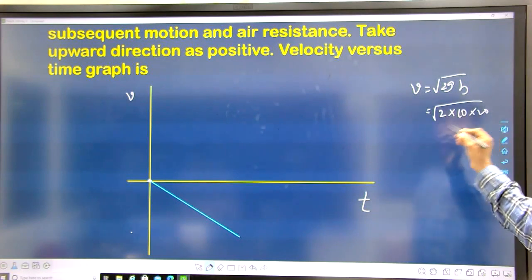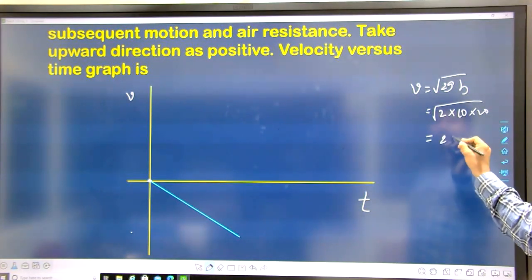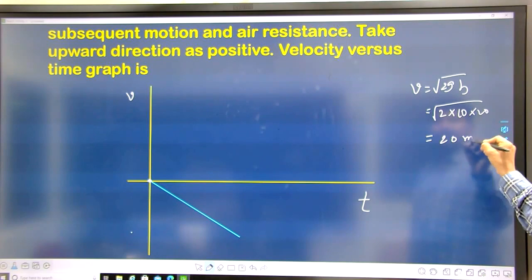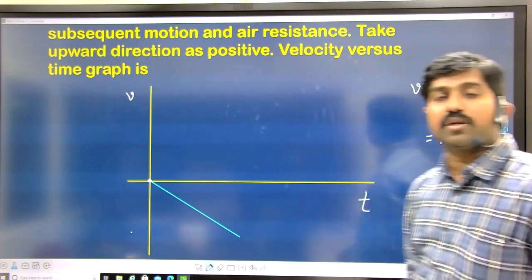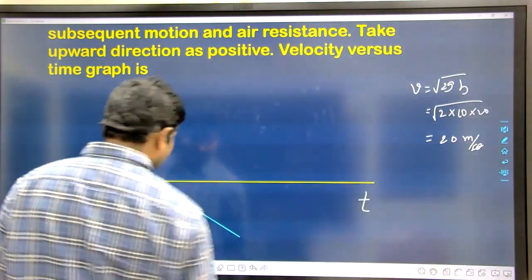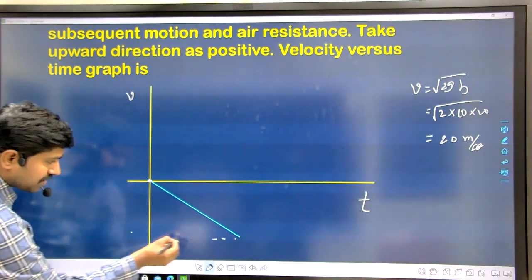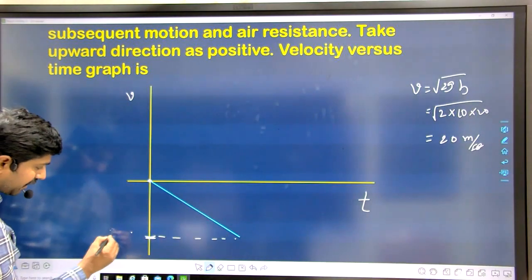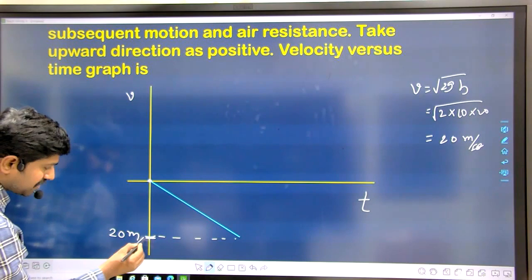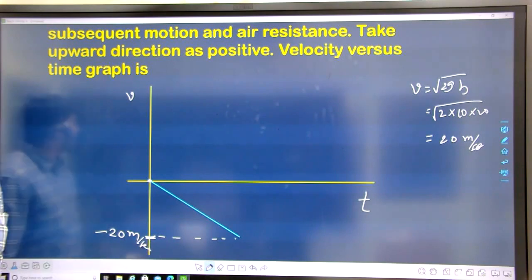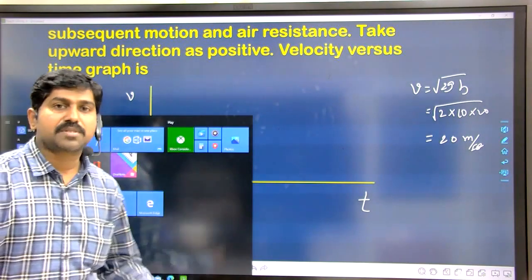So this will be 20 into 20, and the square root of 20 into 20 will be 20. The final velocity when it reaches the ground will be 20 meter per second. So here you can represent, this indicates 20 meter per second, and of course on the negative side only. So minus 20 meter per second.